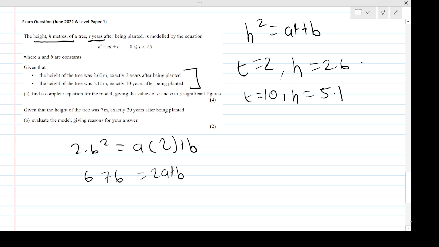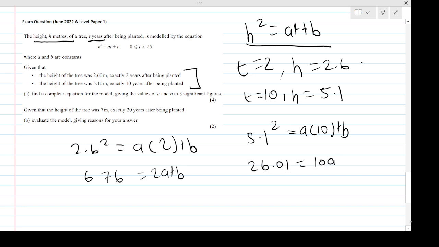Then for the other bit of information, when t is 10, h is 5.1, then 5.1 squared, I'll substitute into the formula here. 5.1 squared is going to equal a lots of 10 plus b. Then 5.1 squared becomes 26.01 is equal to 10a plus b. Cool. So that's really it. There's nothing more we can do there.